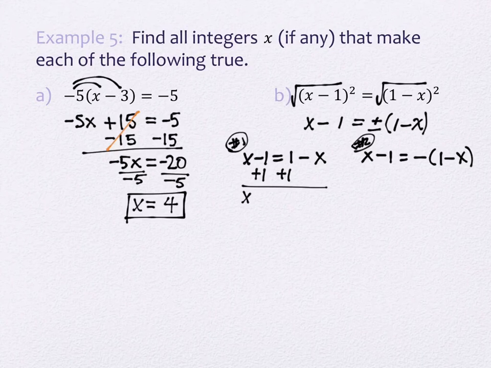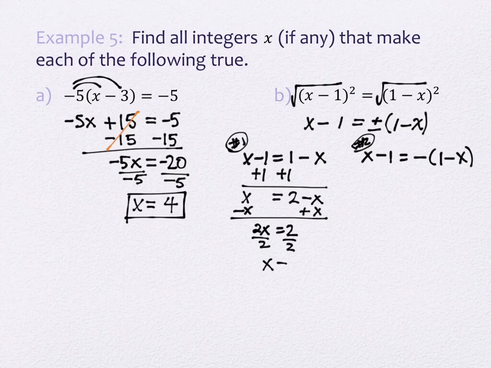That sounds like a good plan. So this would be x on the left, and then I have 2 minus x on the right. And then Emily wants me to add the x as well. So now I have 2x on the left and 2 on the right. And then what would my last step be? Yeah, divide by 2. So x could be 1.